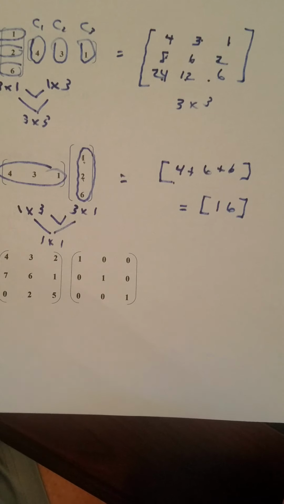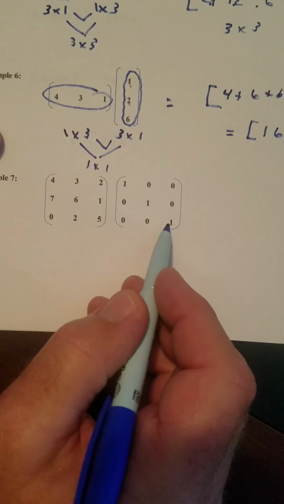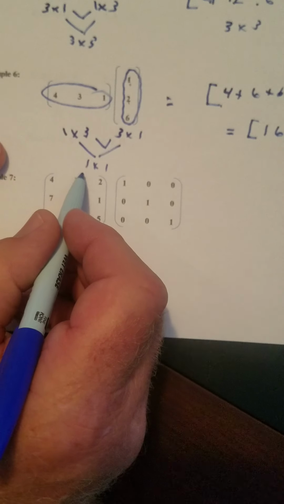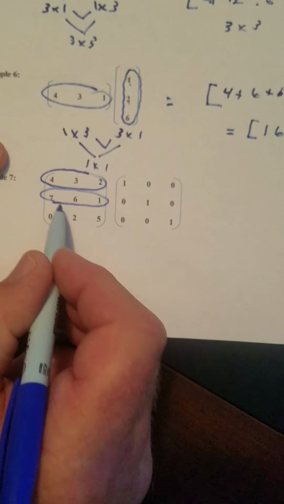Okay, let's do one more and then we're gonna break again. Okay, so now I got a 3 by 3 times a 3 by 3. I'm not going to put the dimensions because we can see it's going to be the same. Your answer is going to be a 3 by 3. So I'm going to circle my rows.